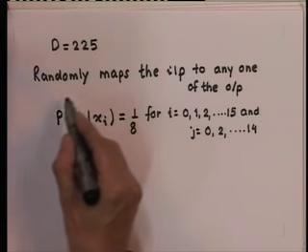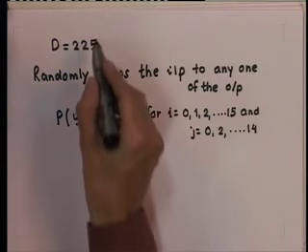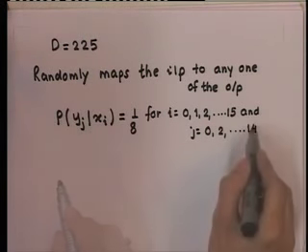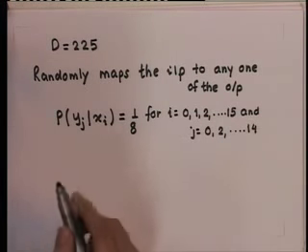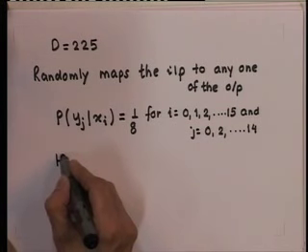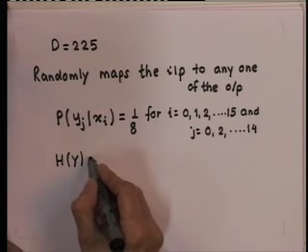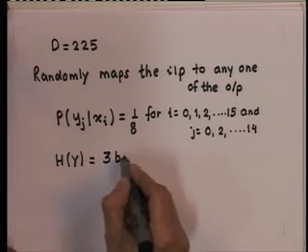We can see that this conditional probability assignment satisfies the distortion constraint. As each of the 8 reconstruction values is equally likely, we get the entropy for the reconstruction alphabet, that is H(Y), equal to 3 bits.